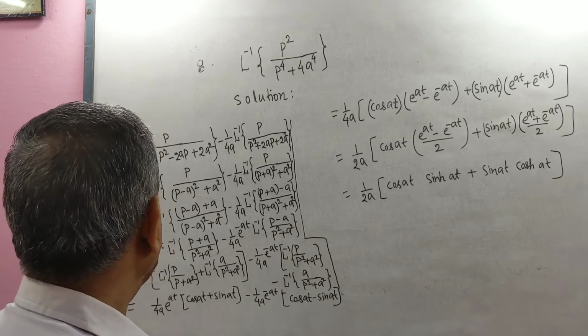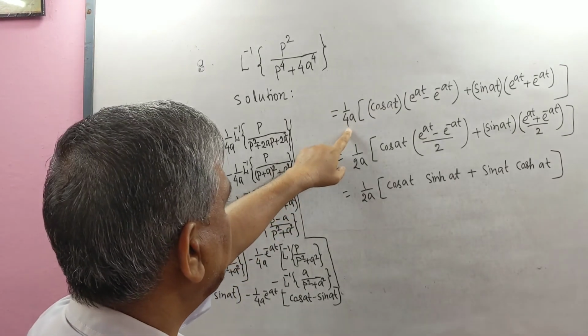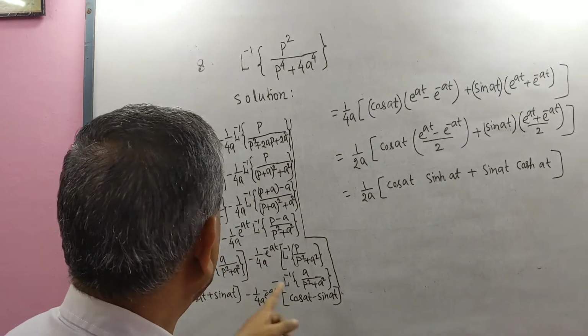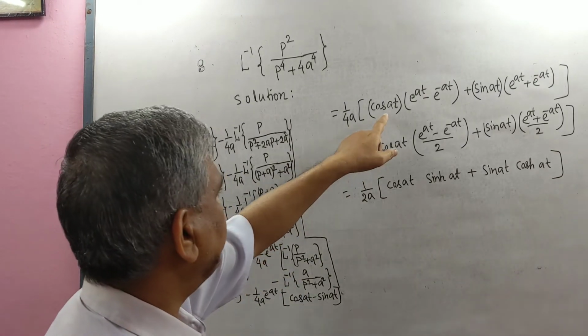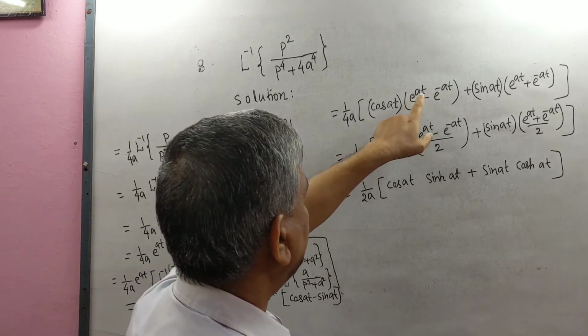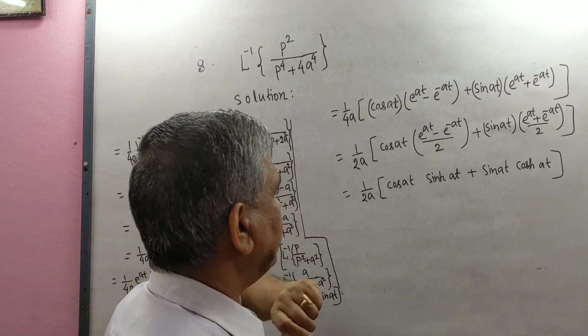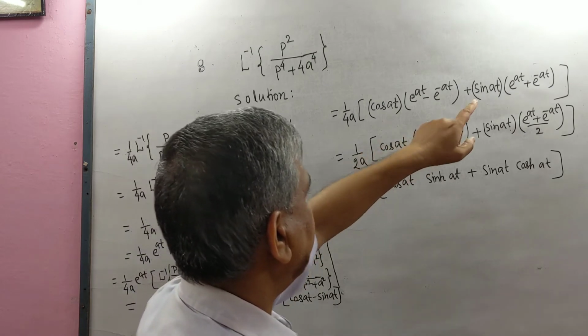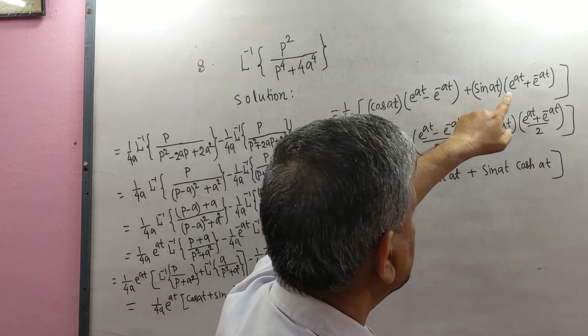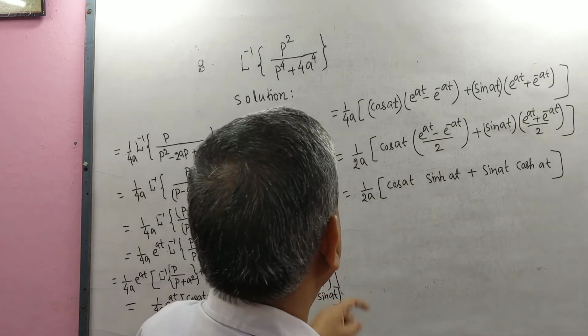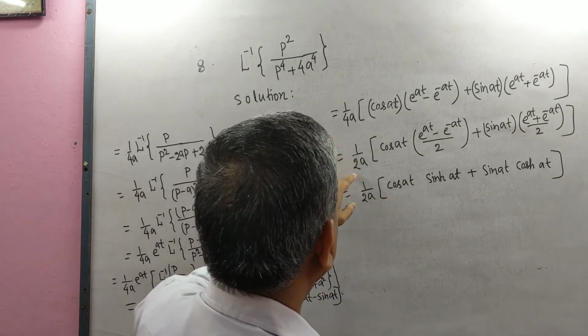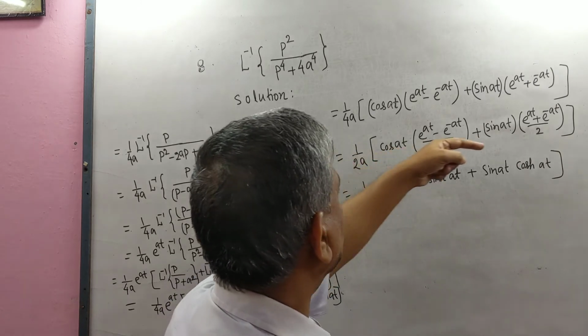Here we take 1 by 4a common from both terms, and then taking cos at common remains e to the power at minus e to the power minus at. Again we take common sin at, remains e to the power at plus e to the power minus at. Here we have 4, we write here 2 and 2.